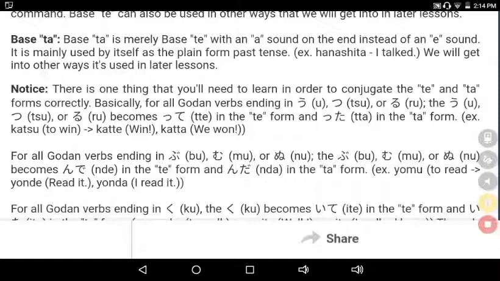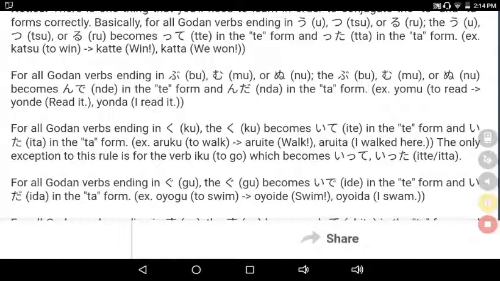For all Godan verbs ending in bu, mu, or nu, the ending becomes nde in the te form and nda in the ta form. Example, yomu, to read, yonde, read, yonda.